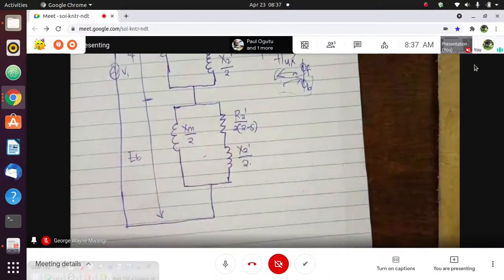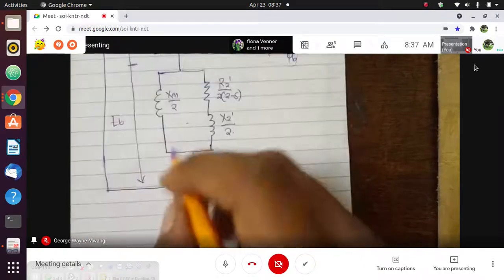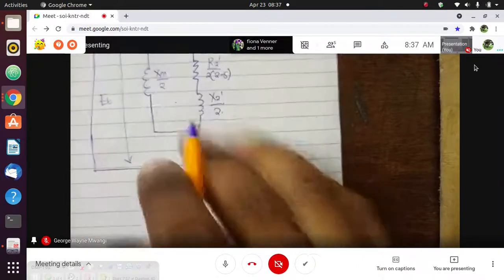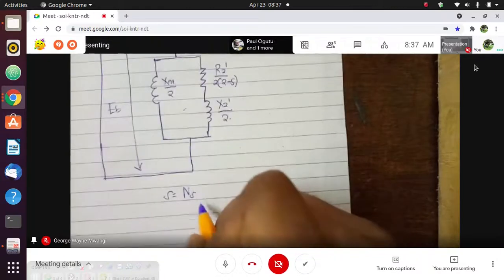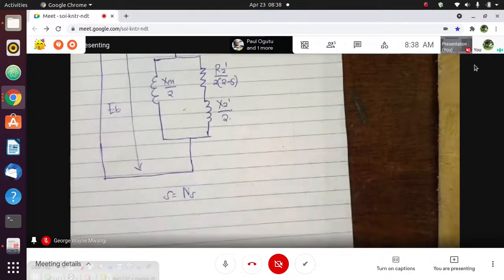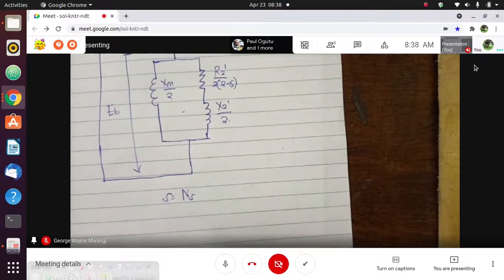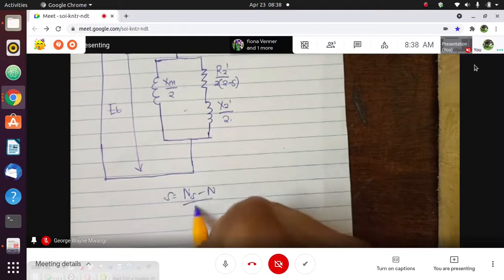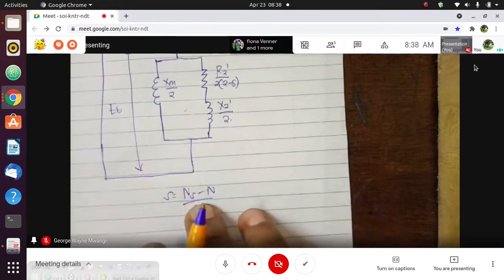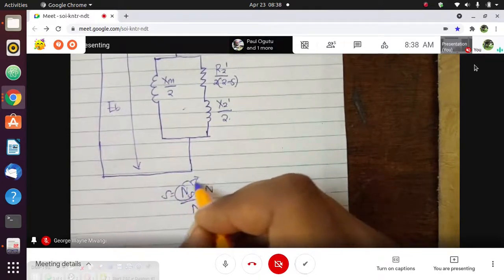Now we talked about slip, tukasema that slip is the difference between the synchronous speed, the speed of the field produced by the stator windings, and the rotor speed, which is usually N. And if you're told to calculate speed, you'll find the synchronous speed.